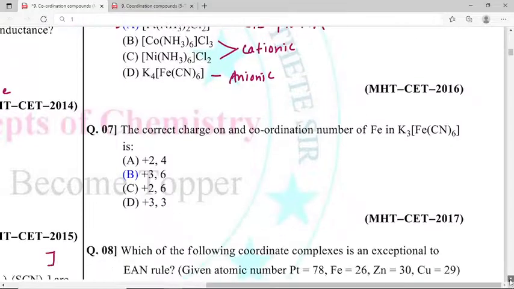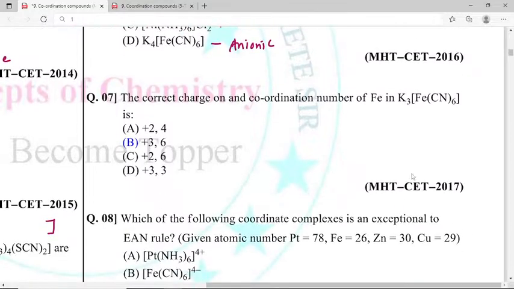Next question. The correct charge on and coordination number of Fe. So 6 is the coordination number, so 6 is your answer. And how to calculate the charge on the complex? This is potassium. Potassium has a 3 plus, so the complex is 3 minus.